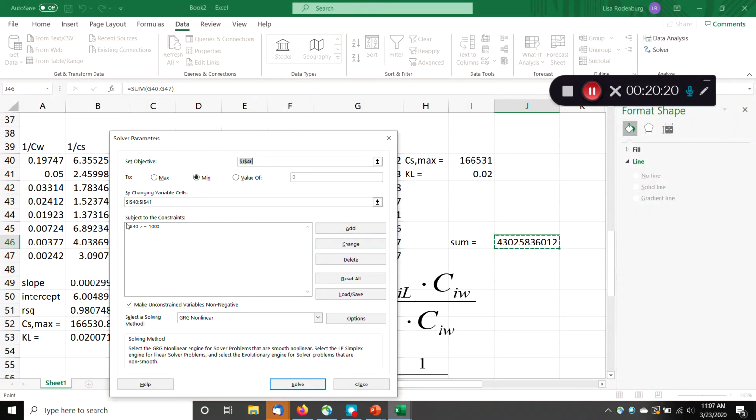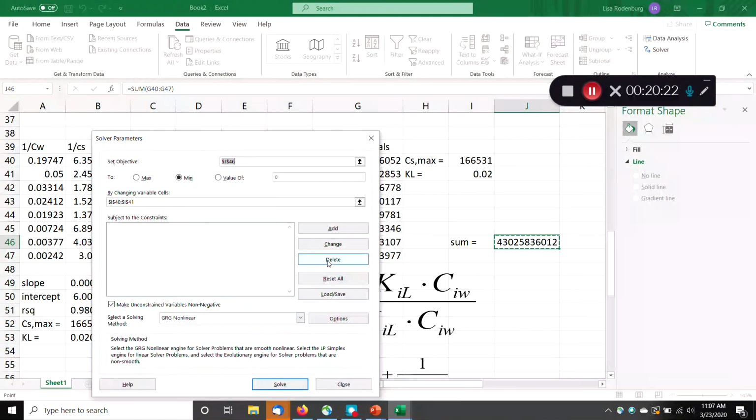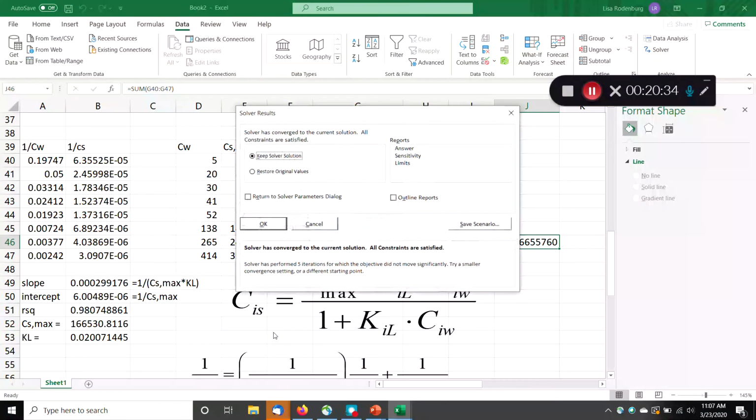But I'm not going to do that, so I'll just get rid of it. I gave it my target cell, said I want to minimize it by changing these two variables, and I just hit solve. Then I say, yeah, I want to keep the solver solution, it's all good.